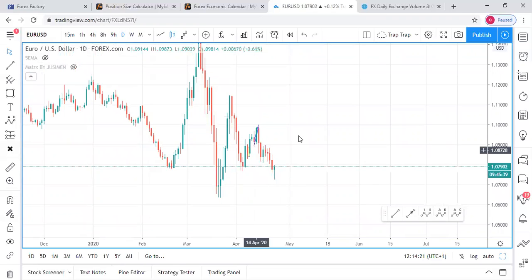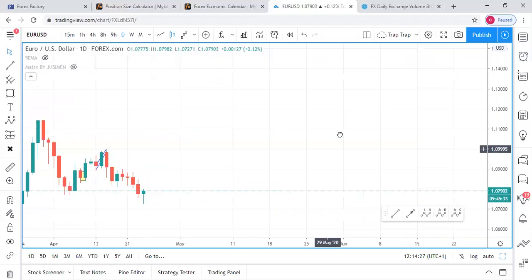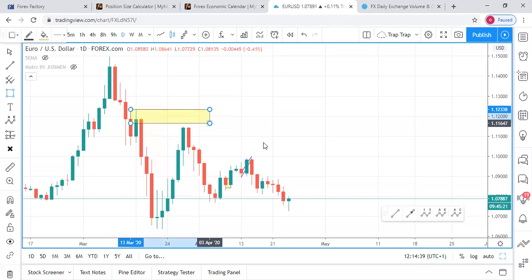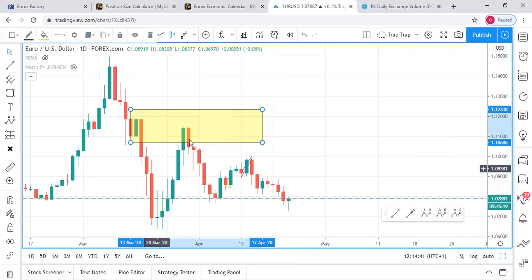You're welcome, sir. This is Euro USD on the daily. Notice this candle engulfing this one. We will block this zone. When price came back into that zone, what did it do? It fell, right?